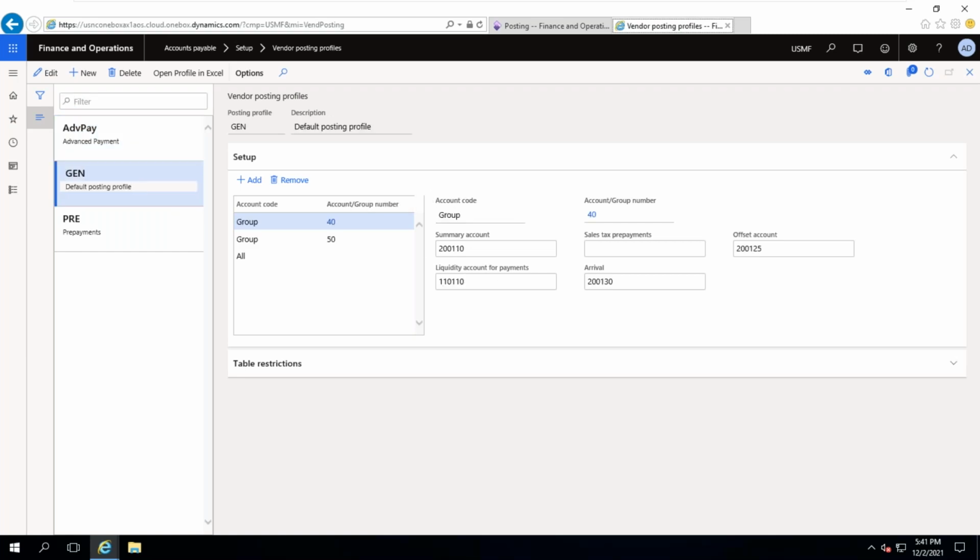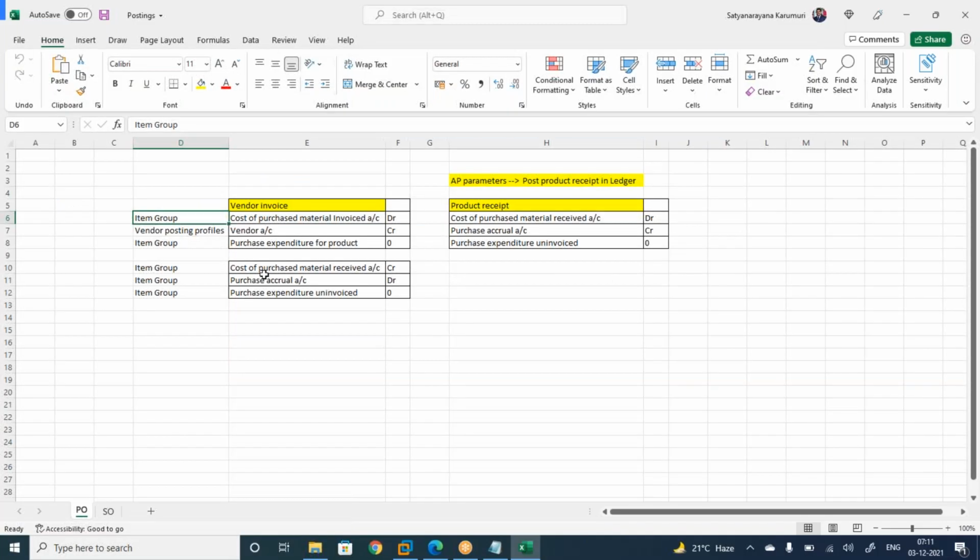I will explain these things. The vendor posting profile is this account. So cost of purchased material invoice account debit to vendor posting profile. Whatever account is in the vendor posting profile, that account is posted as vendor account credit.